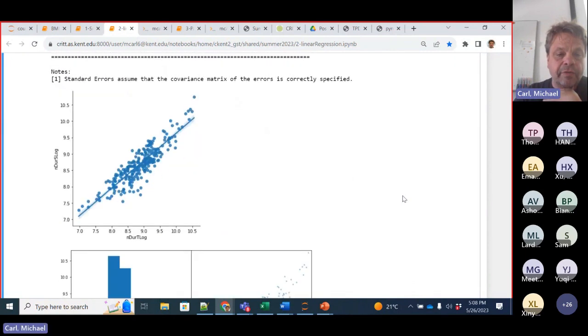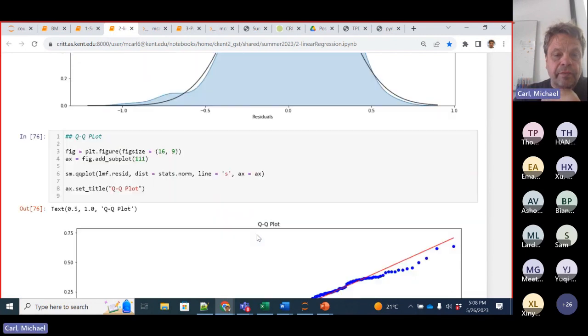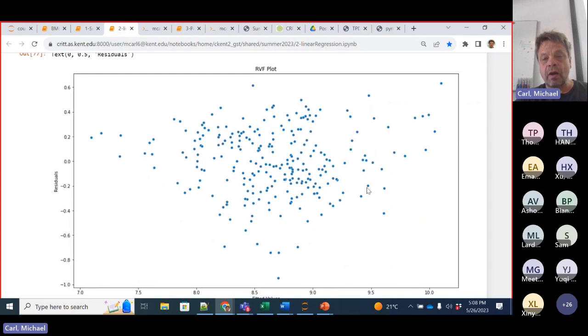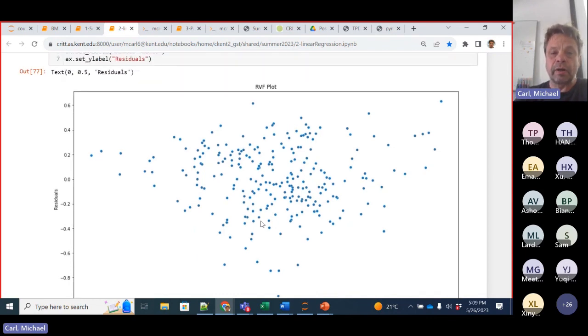So that means if there was a cloud of points here and here, for instance, or it was not evenly distributed, that would be an indicator that actually there are other underlying processes that go on and which are not explained by the model.